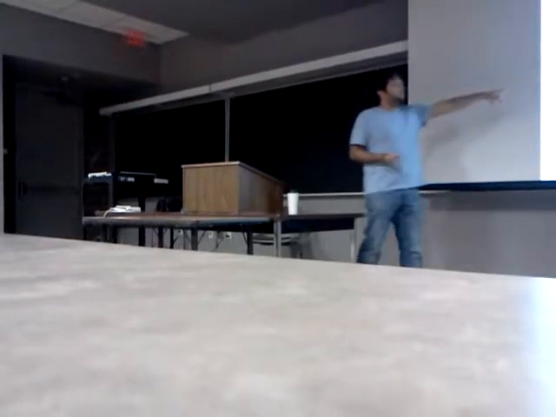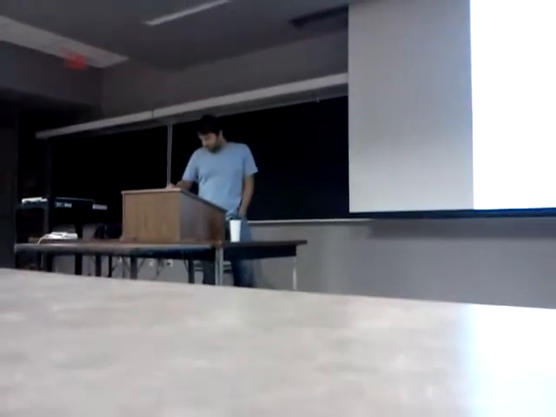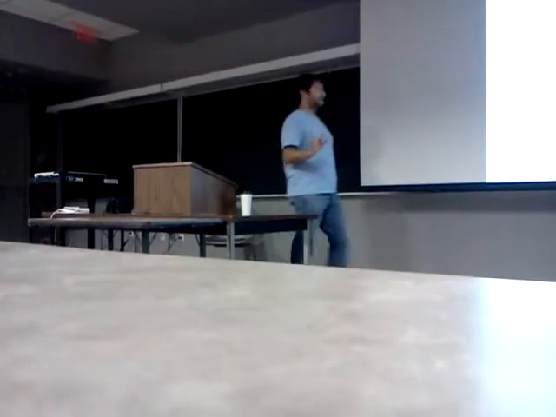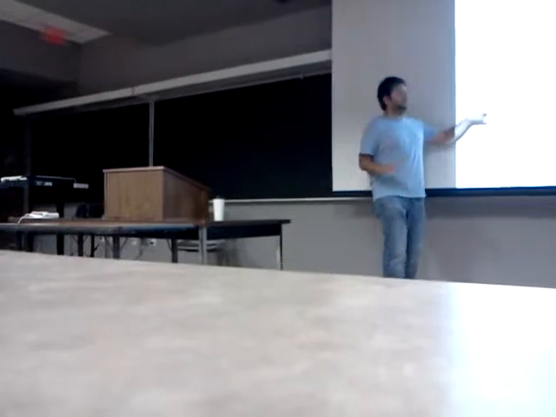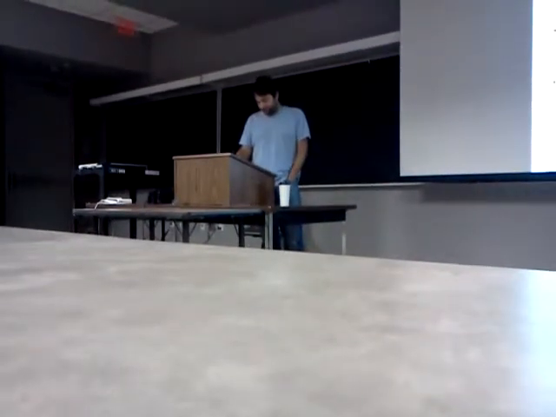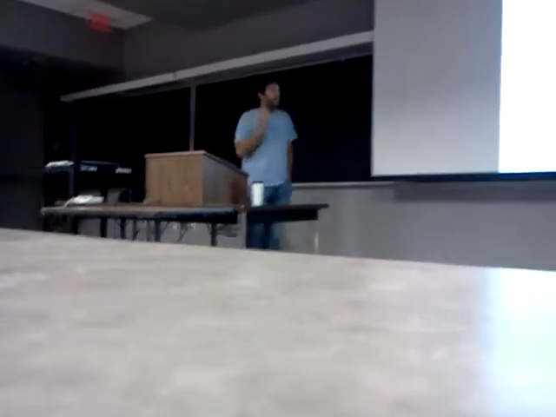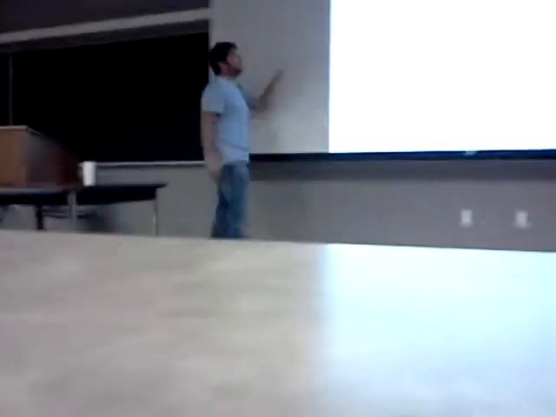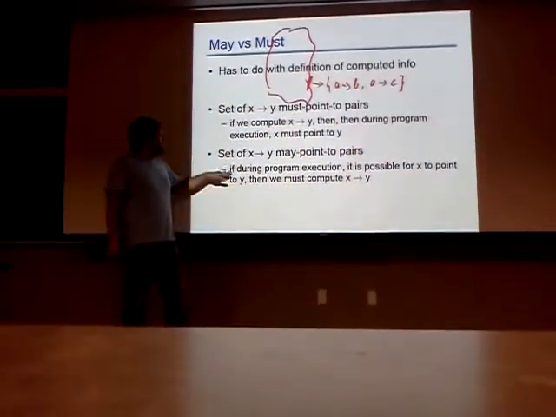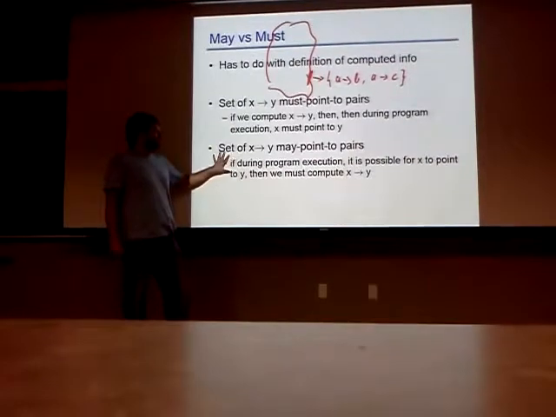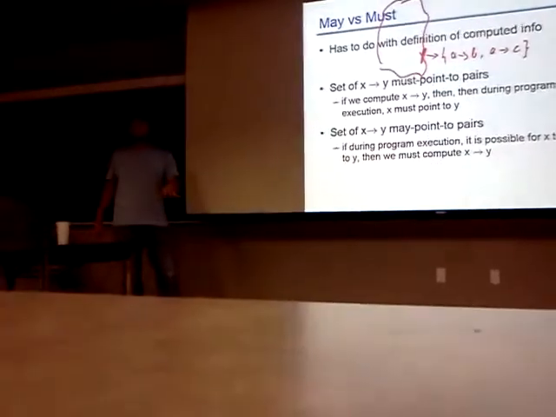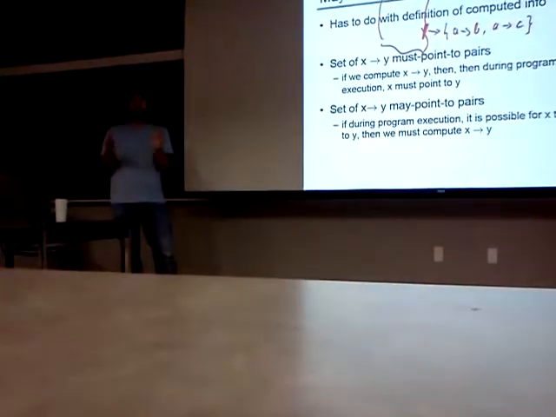But if we go back to this, how do we talk about it? It turns out there's a way to formalize this, and it's very nifty. We can actually do it the other way around. If during program execution we compute this, then during program execution you have to have this. Here, just flip it around: if during execution it's possible for X to point to Y, then we have to have the pair X, Y in our set.